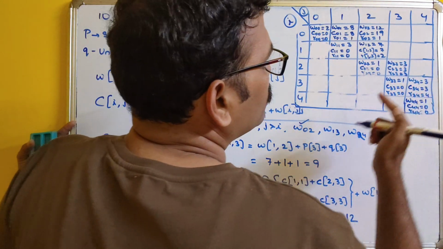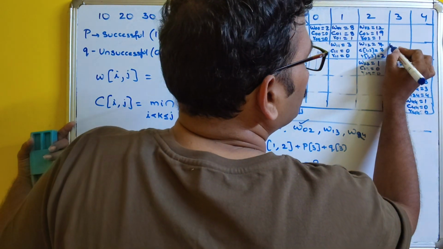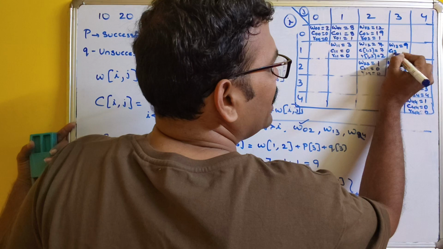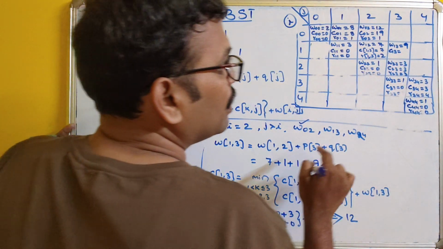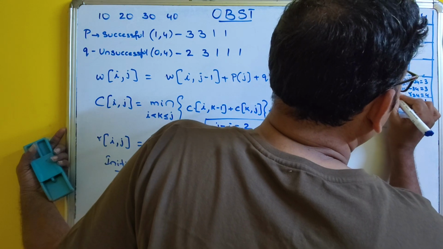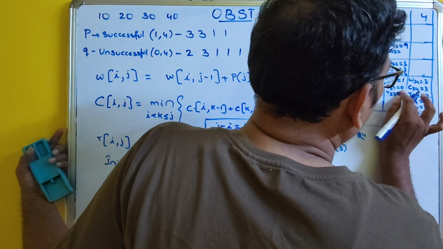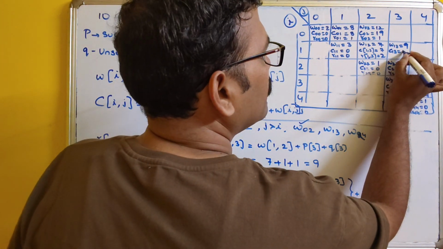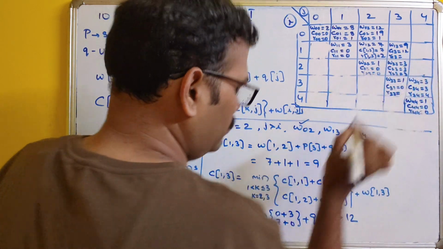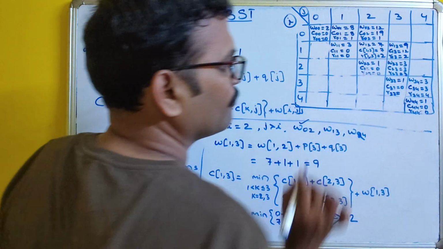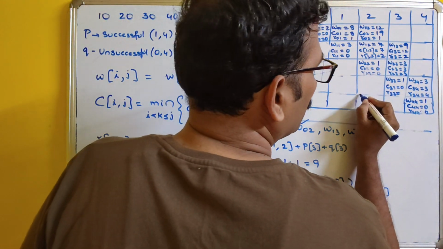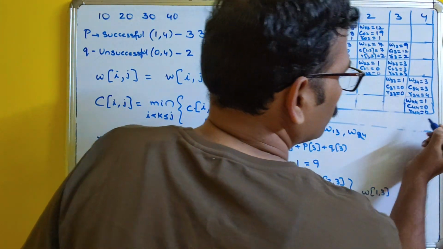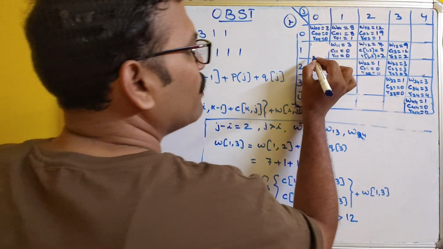So update here: W13 is equal to 9, C13 is equal to 12, R13 is equal to 2. So 3 is again 0, right? We should be very careful about these values.